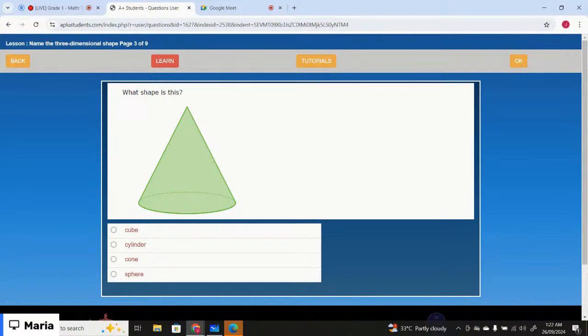What shape is this? Which is the correct option? Again, that's a cone, right? Option number 3 is the correct option.